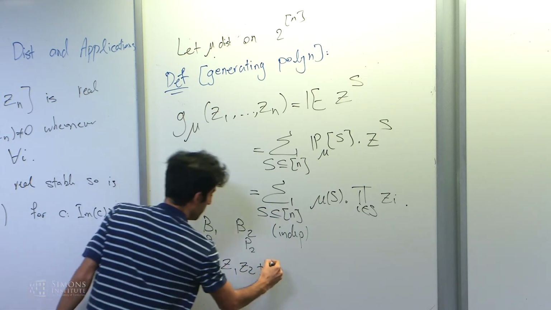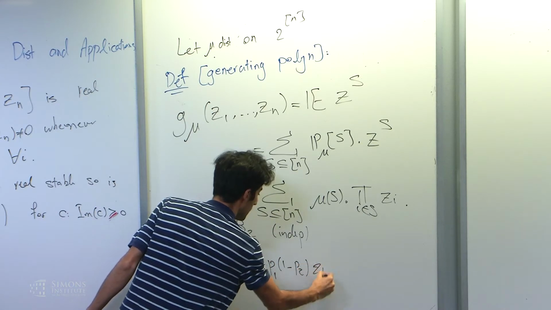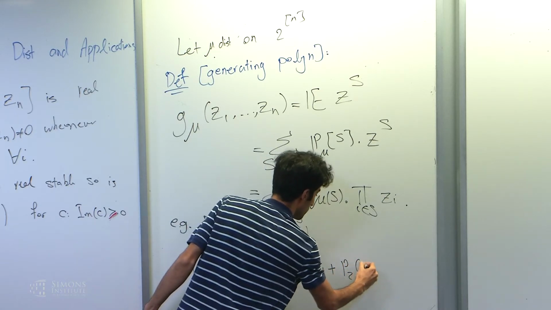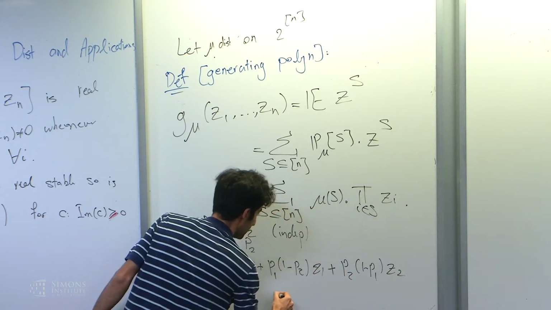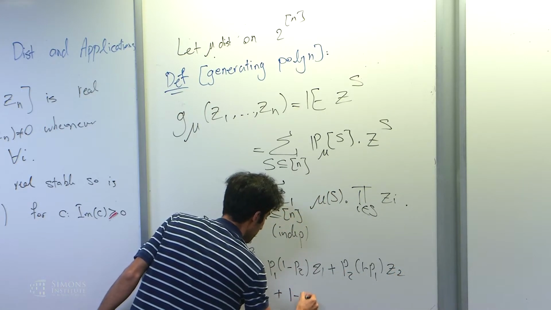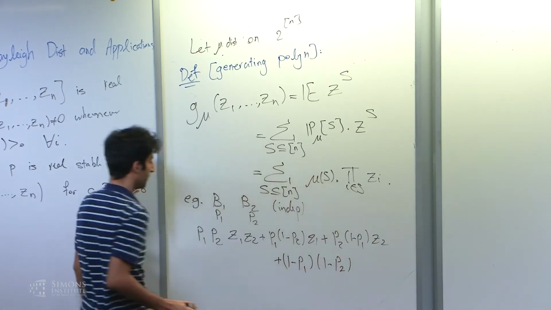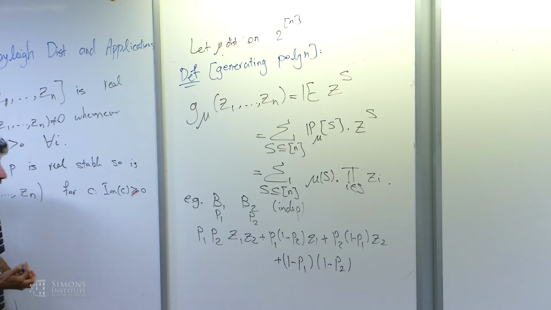With probability p1 times 1 minus p2, I get only the first one, so I have z1. With probability p2 times 1 minus p1, I only have the second one, so I get z2. And with probability 1 minus p1 times 1 minus p2, I have nothing. Okay, so that's the generating polynomial.